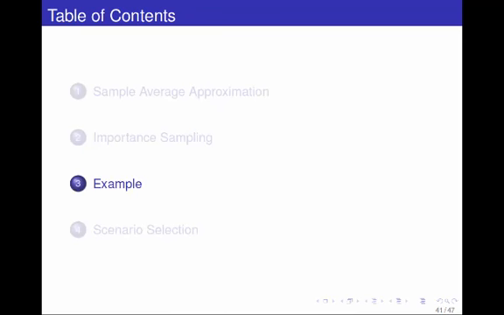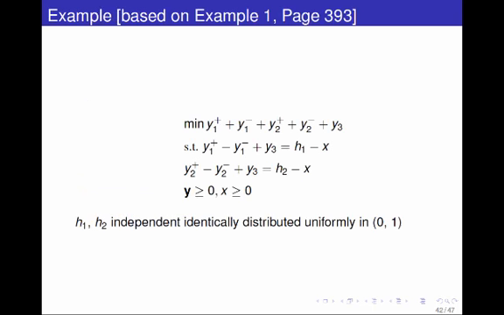And here's an application of these ideas on a specific problem. The problem that we're looking at is based on the book, page 393. We have a two-stage stochastic program. The only source of uncertainty is on the right-hand side. We have two random variables that are independent, identically distributed in 0, 1.